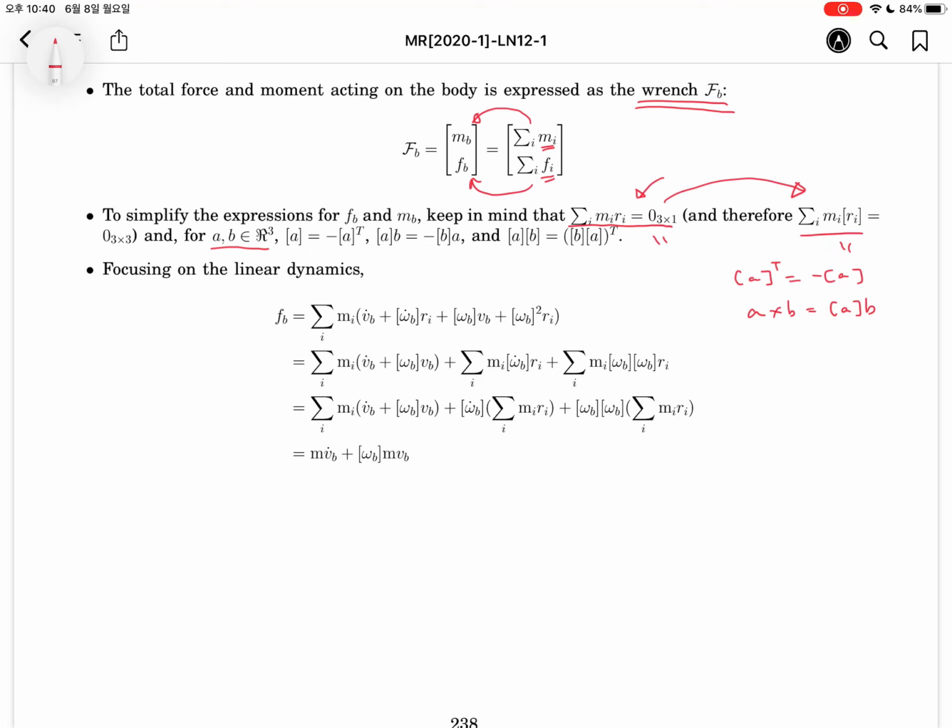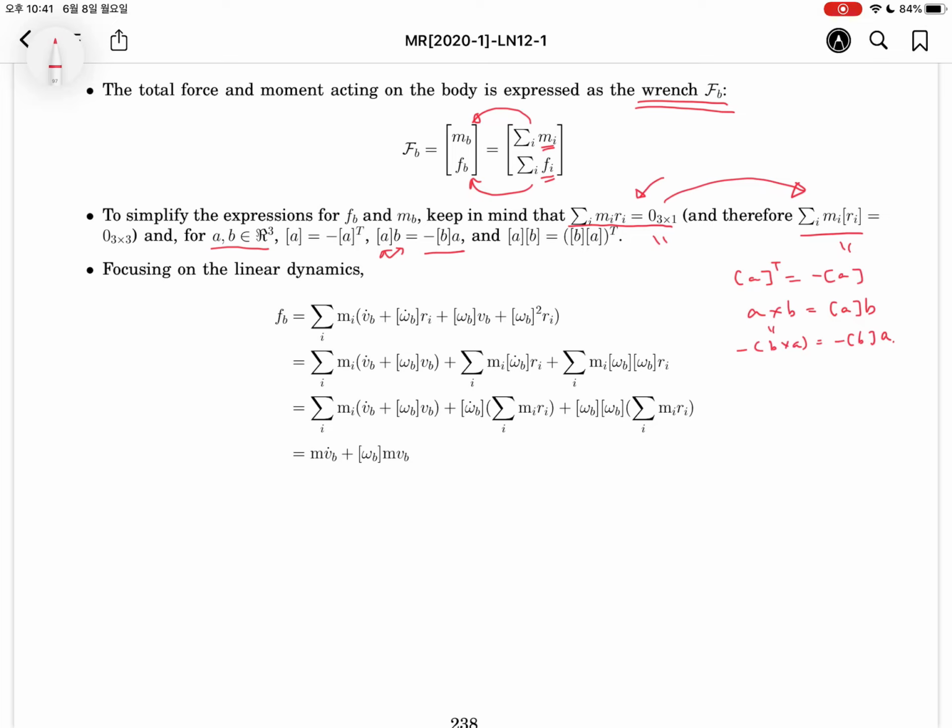So maybe you know that the minus A cross B will be equal to minus B cross A. So if we exchange A and B vectors, then a minus sign is required.